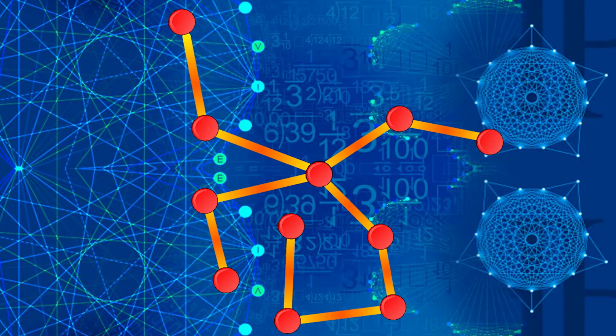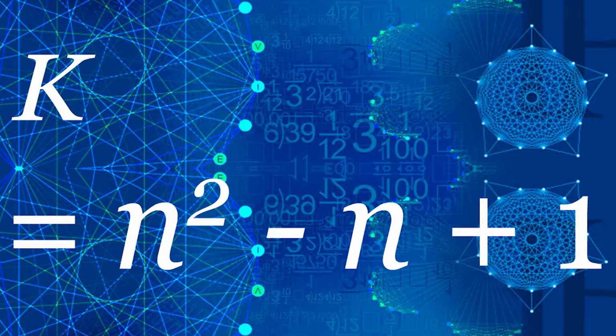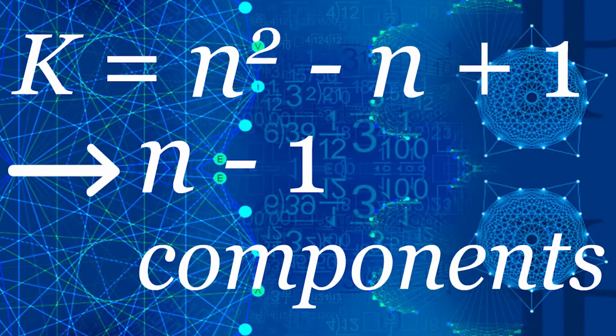Since if two paths have middle vertices in common, then this essentially means that the number of cables is greater than the number of starting or ending points, which is against our assumption. Now we claim that if the number K of cables is equal to n square minus n plus 1, then G has exactly n minus 1 connected components.